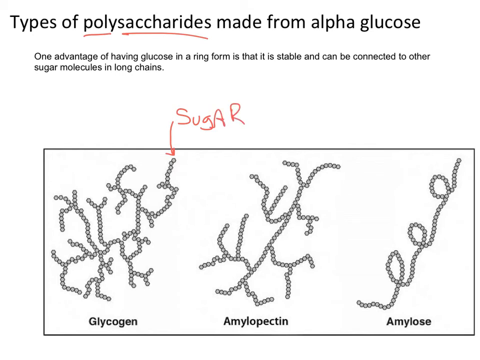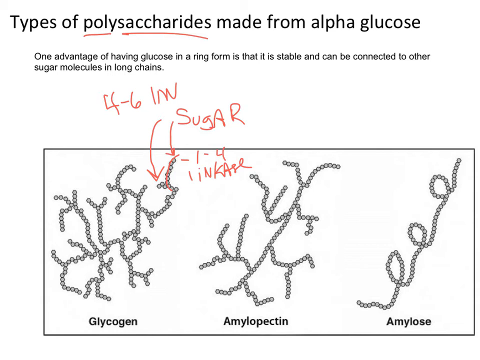So each one of those little sugar circles is a sugar molecule. And all of these are connected via a 1,4 linkage. But these over here, when it branches like this, this is actually a 4,6 linkage.